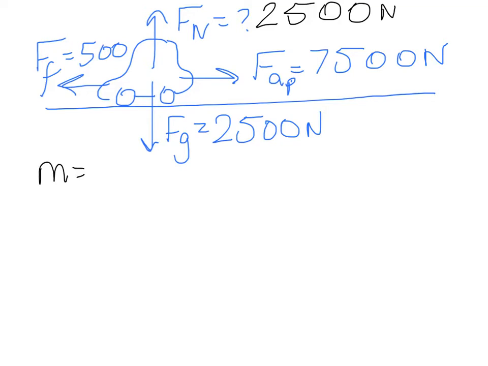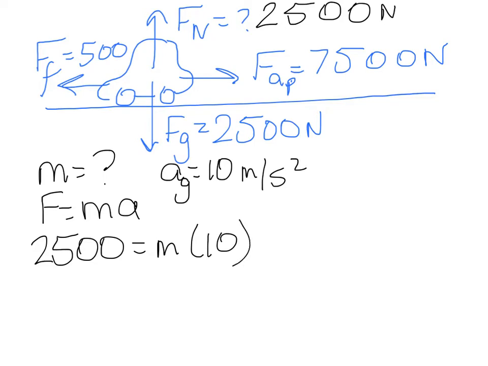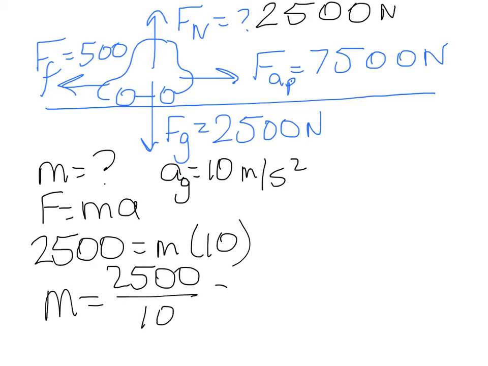Well, we know force is equal to mass times acceleration. We know acceleration due to gravity is 10 meters per second squared. So we have 2,500 equals some mass times 10. So our mass is going to equal 2,500 divided by 10. So our mass is 250 kilograms.